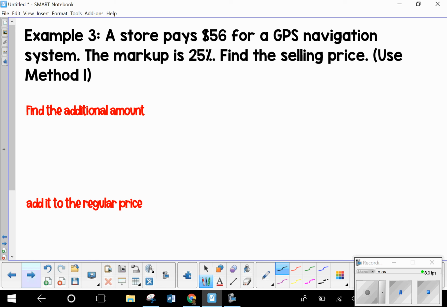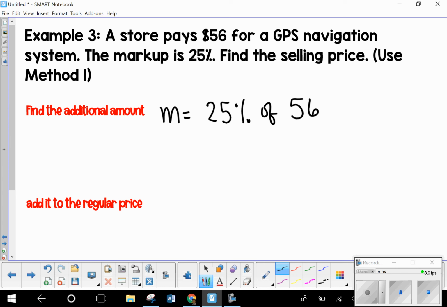Example 3. A store pays $56 for a GPS navigation system. The markup is 25%. Find the selling price. Use method 1. So our markup is 25% of $56. So first let's find out how much they're going to cost for the markup, the extra costs.